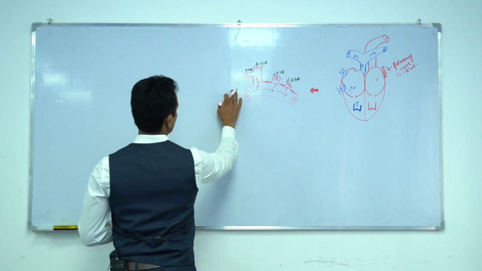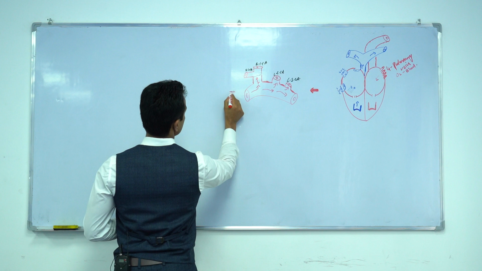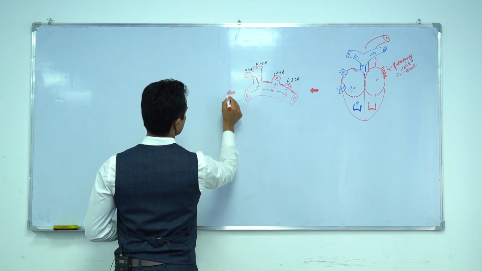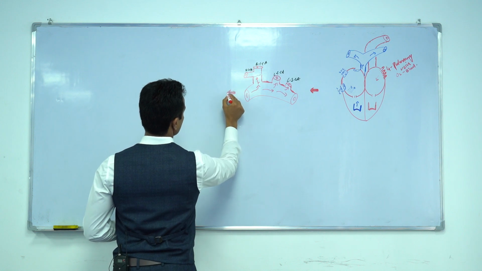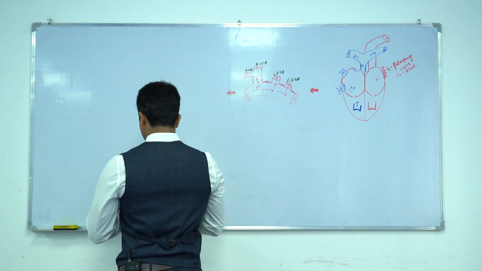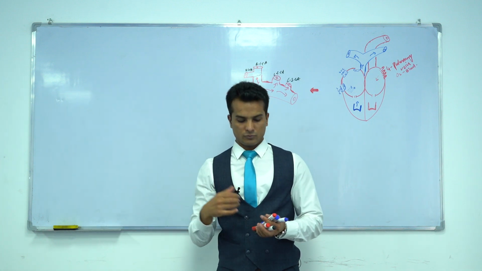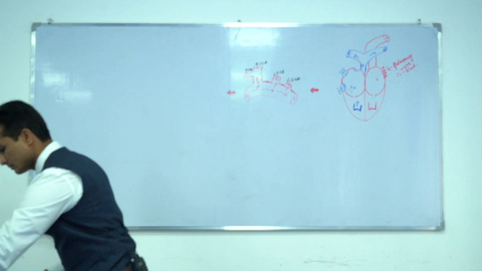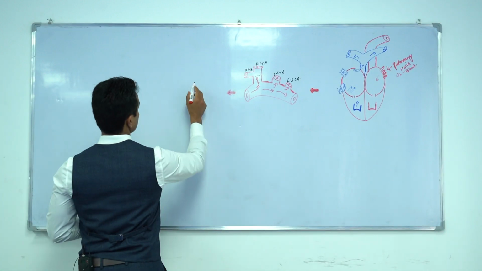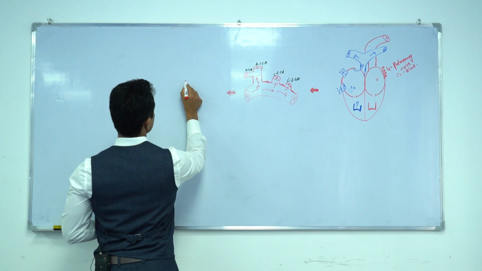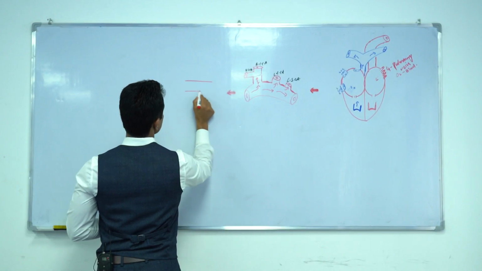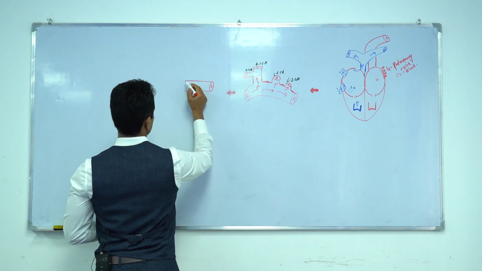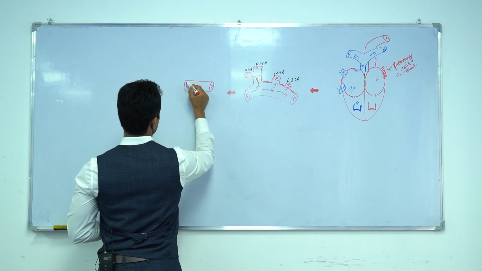Next, we will start the blood supply of the upper limb. So this is a subclavian artery.